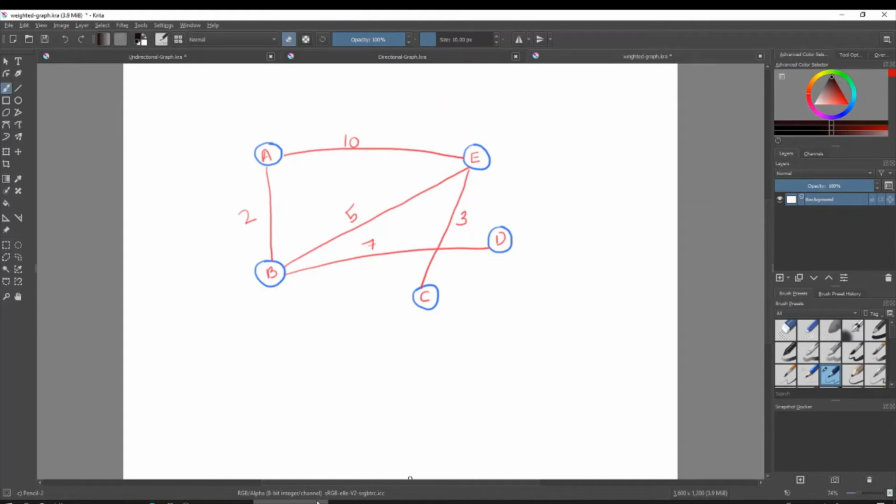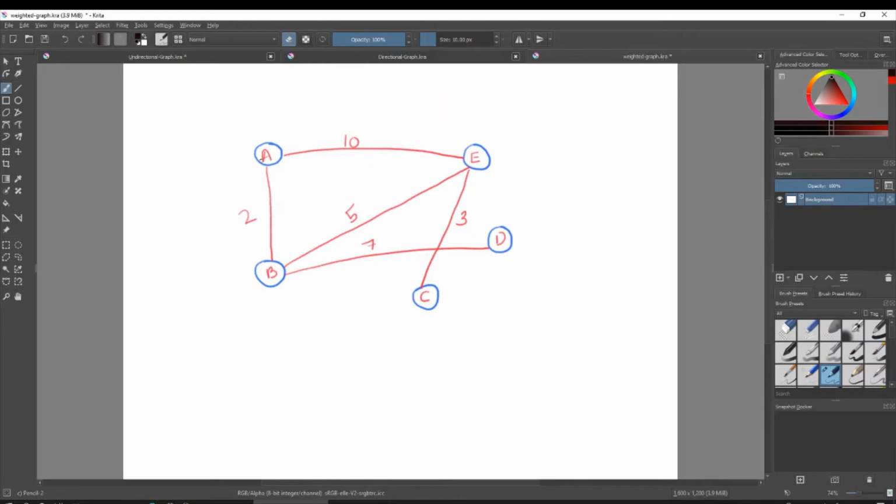A graph with weights assigned to the edges is called a weighted graph. If you take a look at this graph, it is a weighted graph because these edges have weights assigned to them.